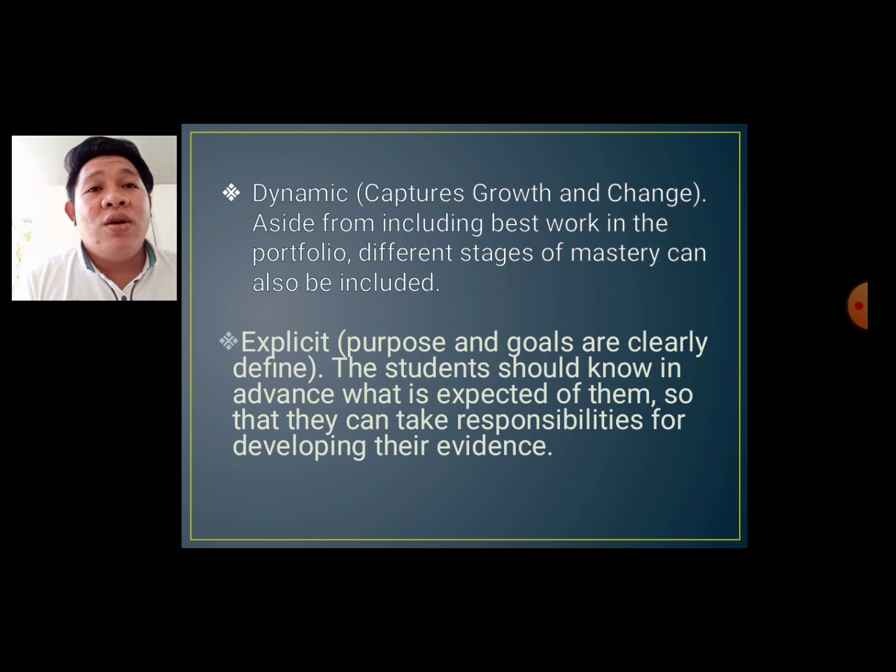Now, let's go to the explicit. Purpose and goal are clearly defined. The student should know in advance what is expected of them, so they can take the responsibility for developing their evidence.